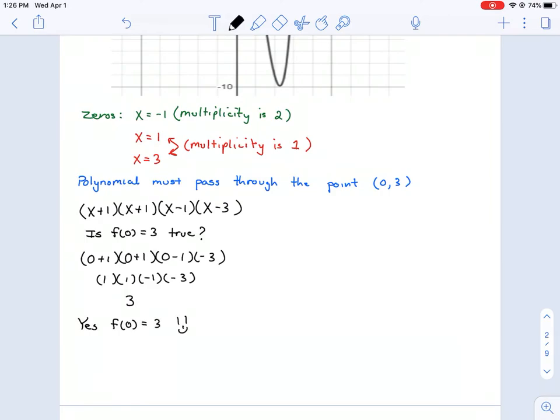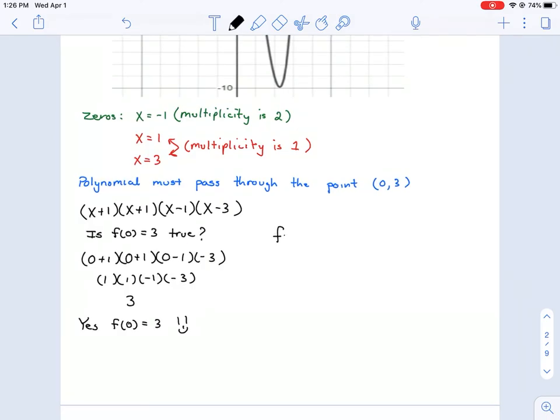So yes, f of 0 is equal to 3. So f of x is equal to the product x plus 1 times x plus 1 times x minus 1 times x minus 3.